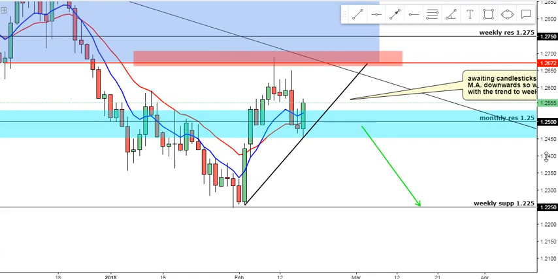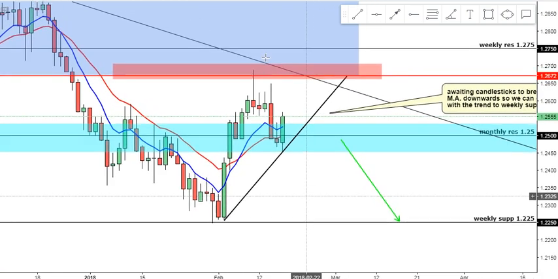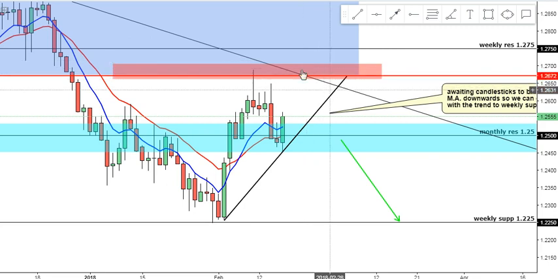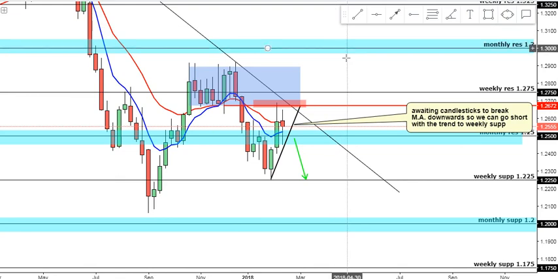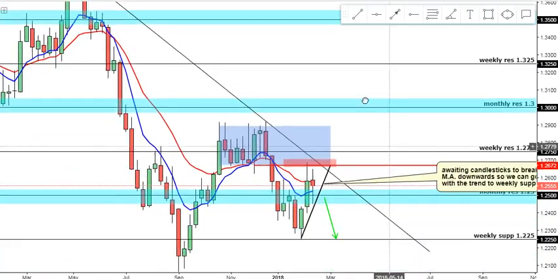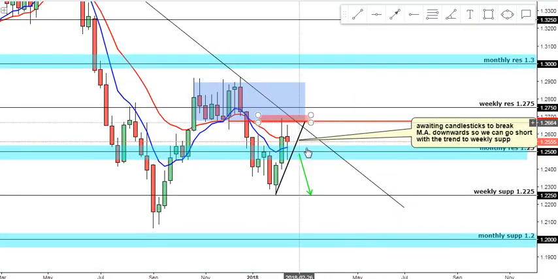So for our strategy, it hit the resistance, came back, and is going to go through like this until it hits this trend line, which, if we look on the weekly, is a big trend line going down. So it's going to hit it and then go lower to potentially create new lower lows past this level. Then we're going to have to see if it's going to break the weekly support and maybe go to the monthly support.